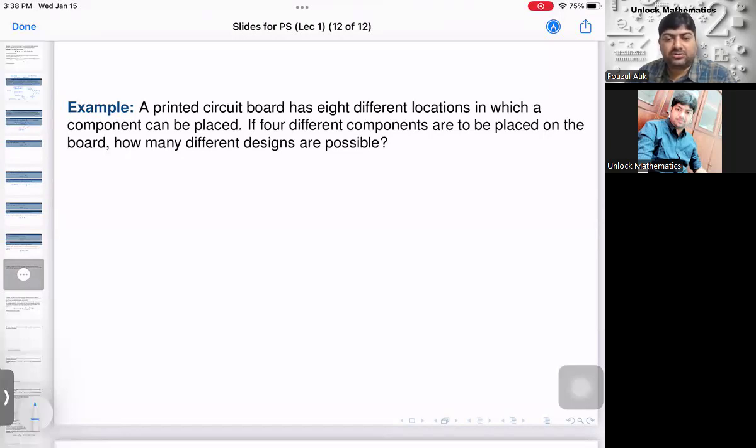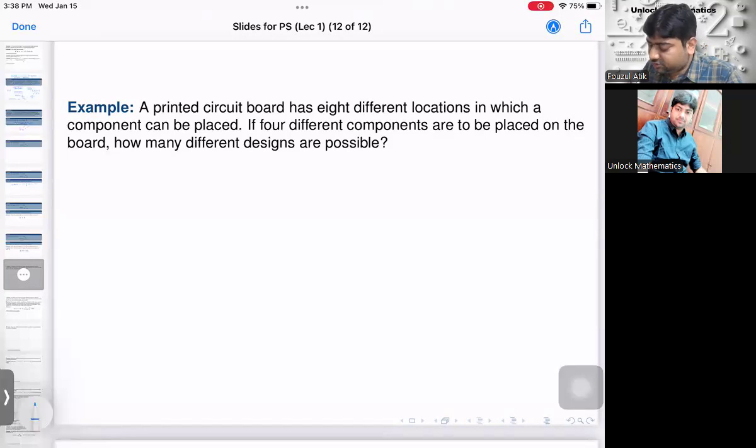Right? So what should be the answer? Pause the video. Think of the answer. You can write down the answer in your notebook or in the comment box. Until you do, you will never learn this mathematics. So please do it.